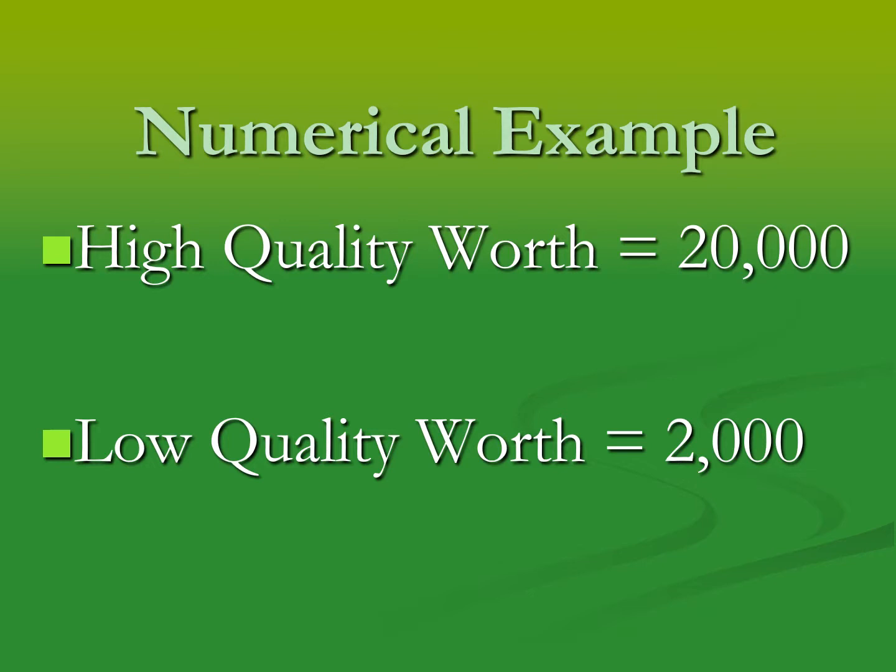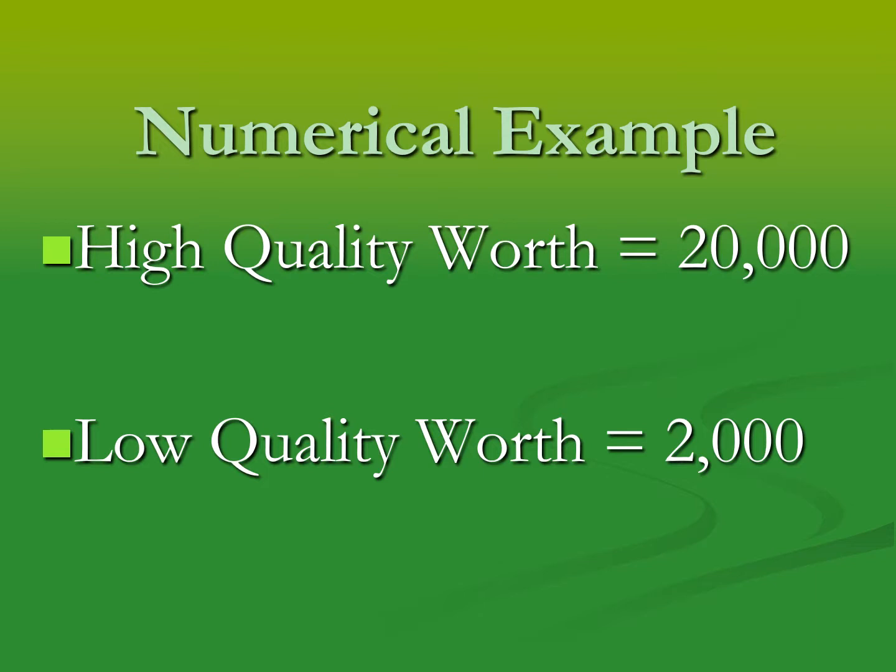How much are the buyers willing to pay if they can't know the quality in this numerical example? We could think about a rough estimate here, a first approximation to start our thinking process, by estimating the expected value. If half the cars are worth $20,000 and half are worth $2,000, we could do the expected value calculation of the worth of these cars.